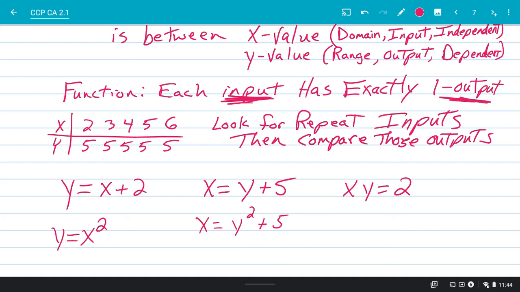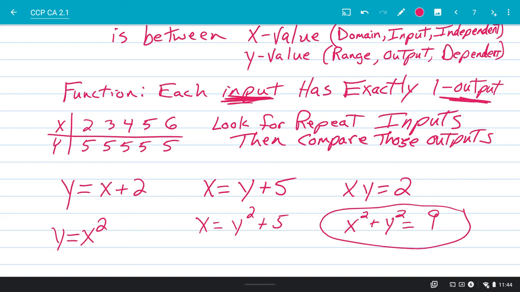For bonus, everybody should be able to recognize this one: x squared plus y squared equals r squared. In this case, I could change that r squared to be 9 or 4 or whatever. You recognize that equation?